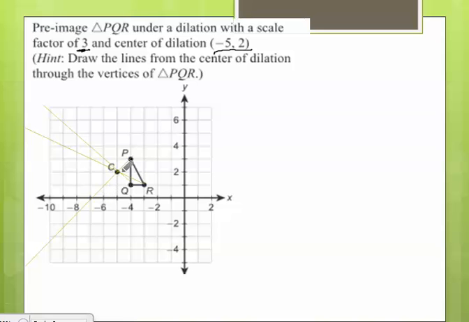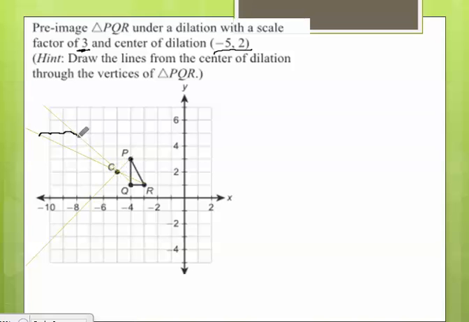How do I do this? Let's see here. One of the things you could do is look at QR. That's a difference of 1. And we know that Q's on this line somewhere, and it's got to be 3 times greater. 1, 2, 3. And this one here from Q to P, that's 2 units.